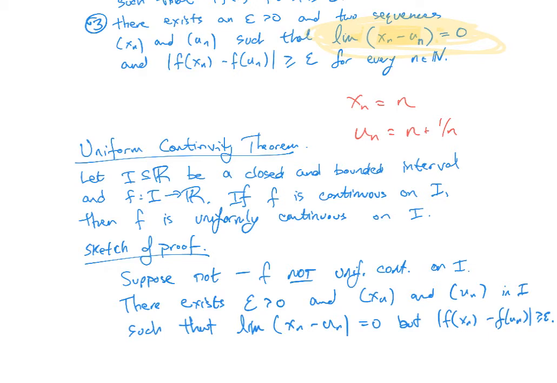Okay, this is a proof by contradiction. So what are we trying to contradict? We're going to contradict the assumption that F was continuous. Okay.